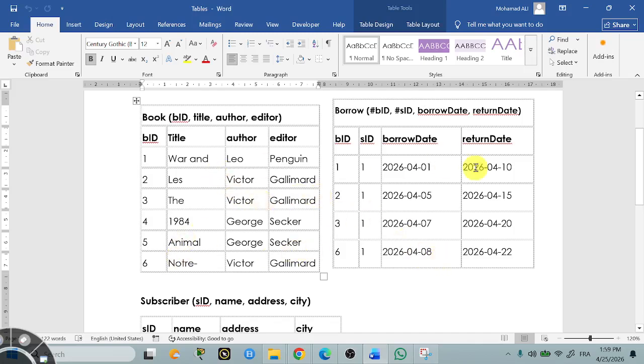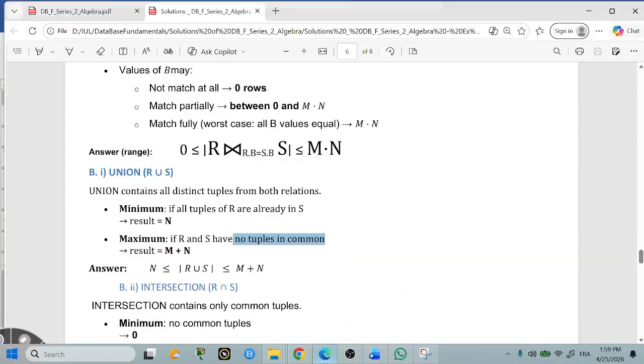So if we don't have rows in common, you will add all of this if you do union. For sure, here they should have the same schema, BID, title, author, editor. But as you see, we don't have any common row in between. So m plus n. The answer is between n, the minimum, and the maximum.